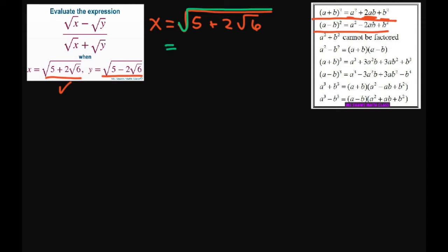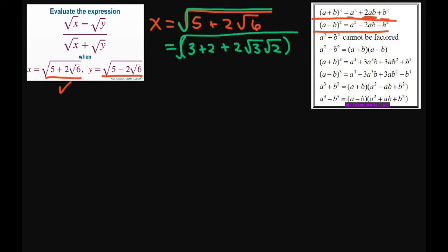So I can write this as my 5 is going to be 3 plus 2, then we have plus 2, and then my AB is going to be square root of 3 times square root of 2. And then the radical goes right there.